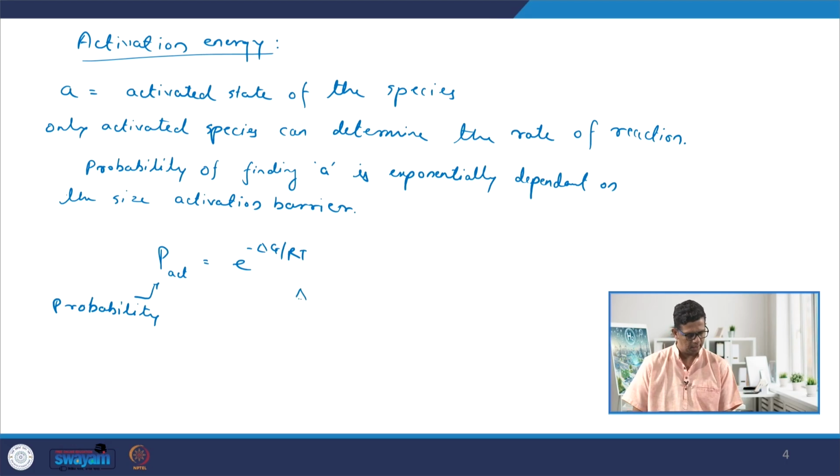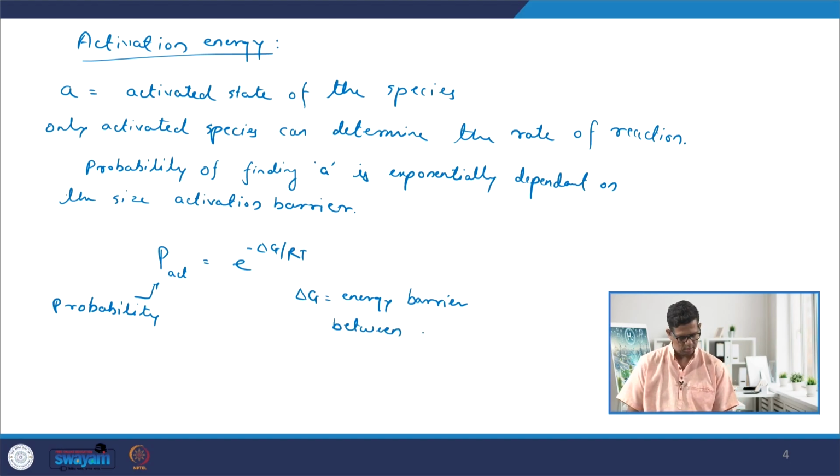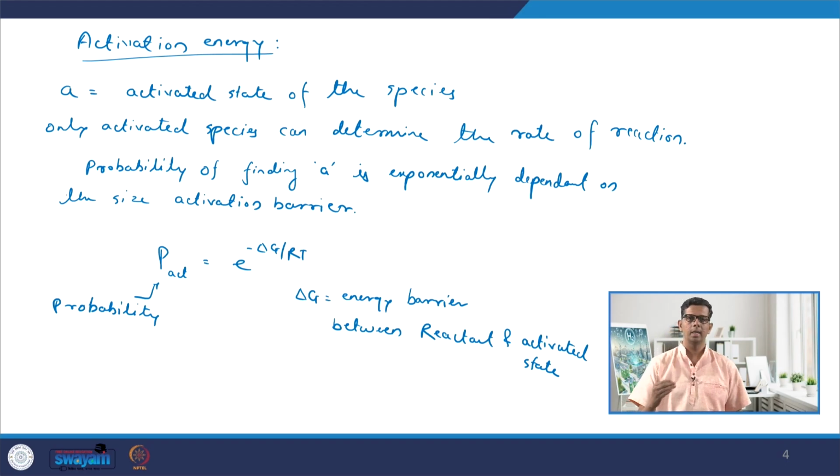Delta G, let me write it here, is your energy barrier between the reactant and the activated state. We should understand that it is a barrier between the reactant and the activated state, not the reactant and the products.